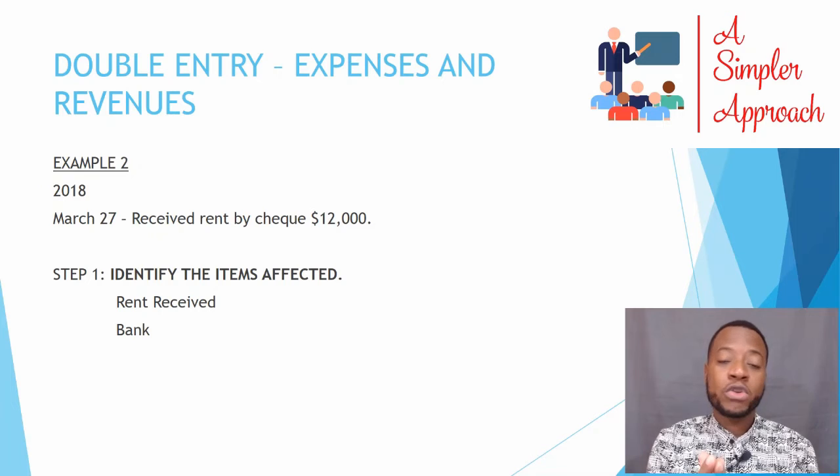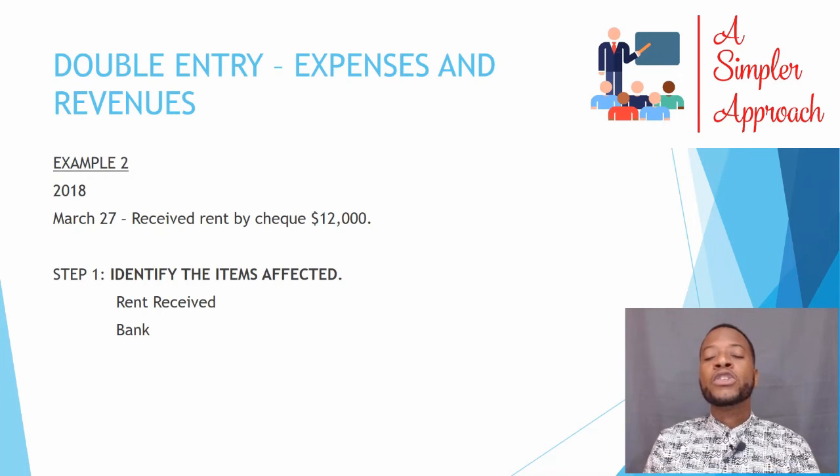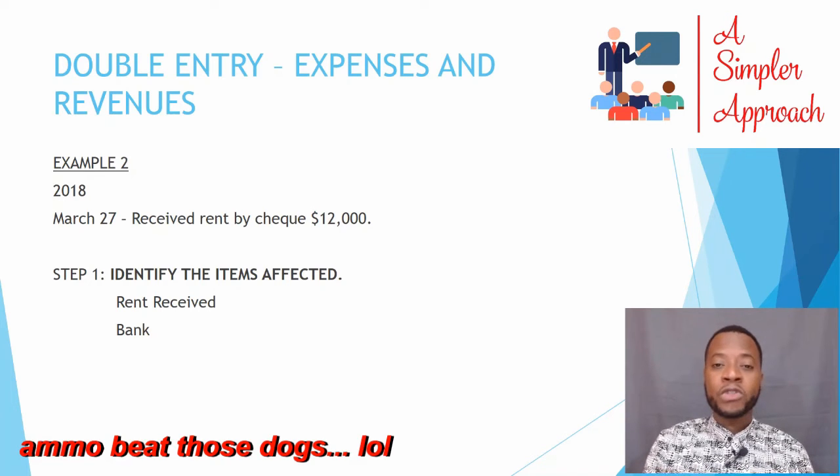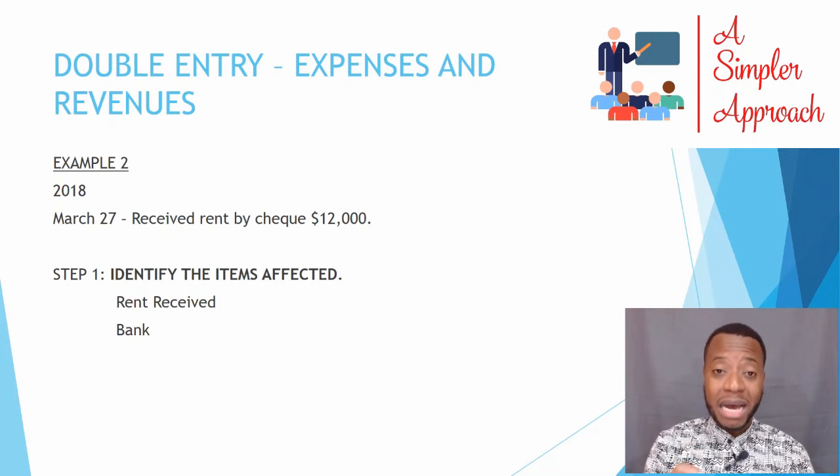When you do that, you're referring to an expense. Okay? But in this case, we received rent. So you must say rent received. Cool. So the other item affected, check. And you already know from the beginning, wherever you see check, we're talking about bank. Okay? So the two items affected are rent received and bank.